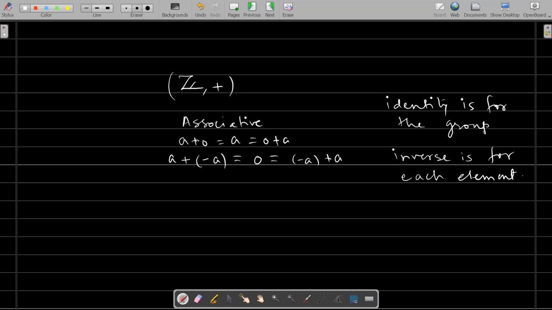Yes, Omkar? So rationals is not a group with multiplication because of 0. Yeah. So in that case, the idea is you throw away the unwanted elements like 0, and then it becomes a group.